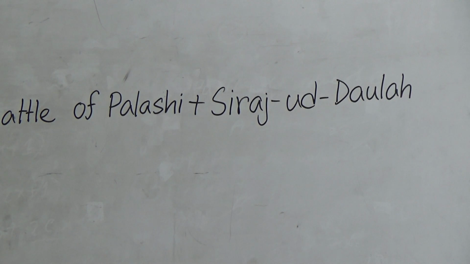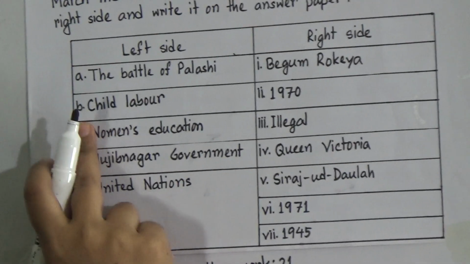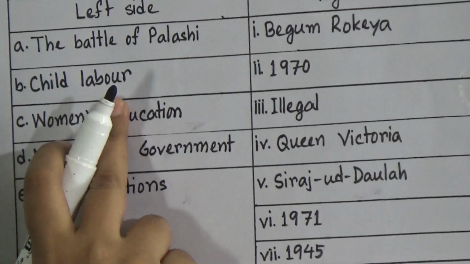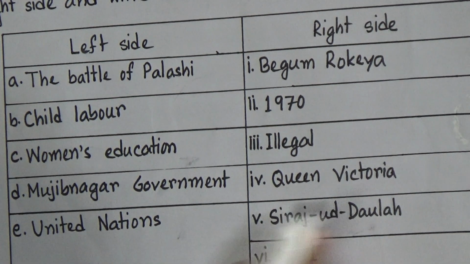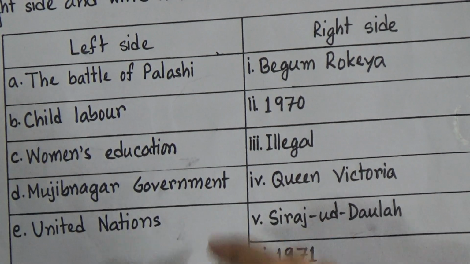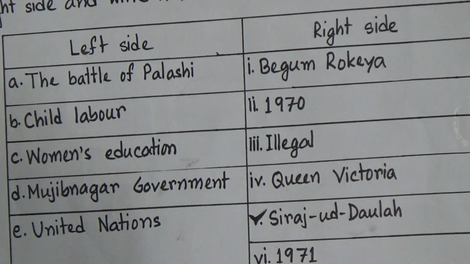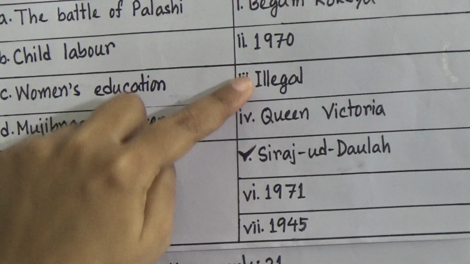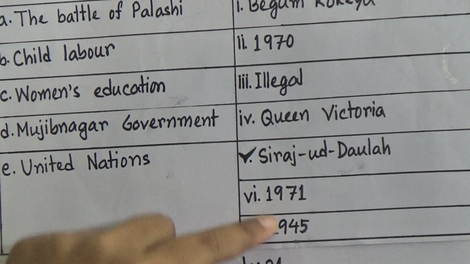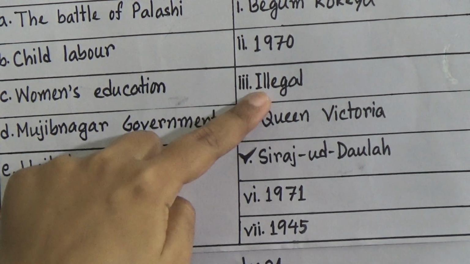Now we will go to B, child labor. Now in number B it is child labor, and now look which one will match. We have matched number 5 with number A, so it is done. Now look, Begum Rokia, 1970, illegal, Queen Victoria, 1971, 1945. So child labor, we all know that it is illegal.